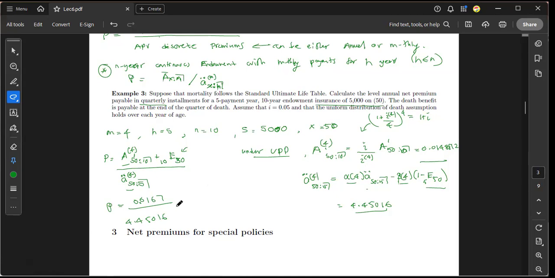And then the actual benefit is 5,000 times P. And this is for the entire year. And since the premium is being paid during 4 equal intervals or quarters, you have to divide by 4. So this is the premium per quarter.